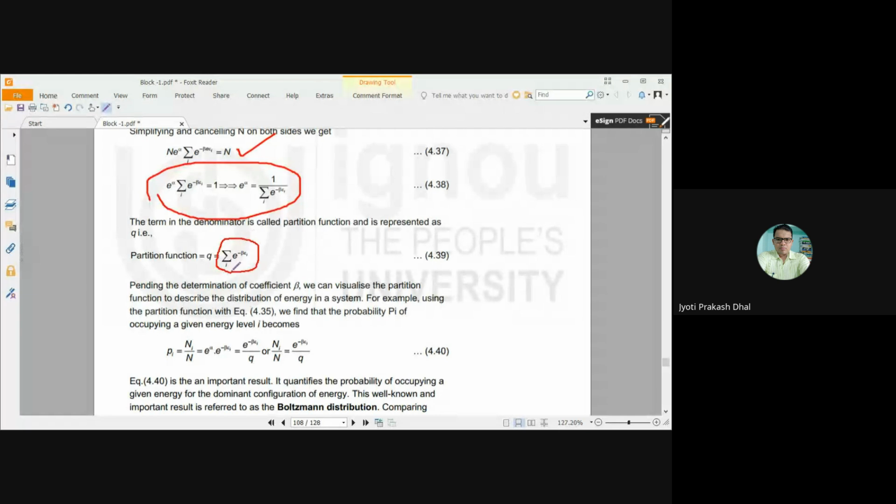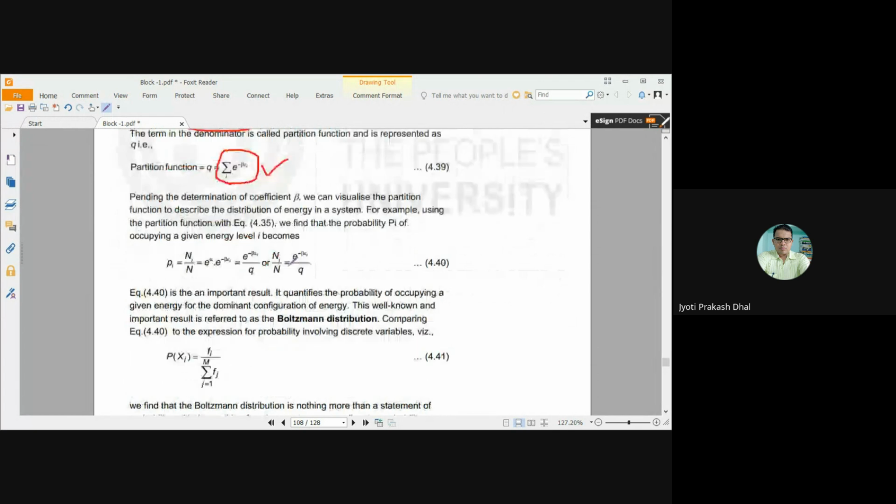We can apply q equals the summation of e to the power minus beta epsilon i. This gives rise to pi, the probability of the ith configuration, equal to the number of molecules in the ith configuration divided by the total number of molecules, that is Ni by N equals e to the power alpha into e to the power minus beta epsilon i, which equals e to the power minus beta epsilon i divided by q.